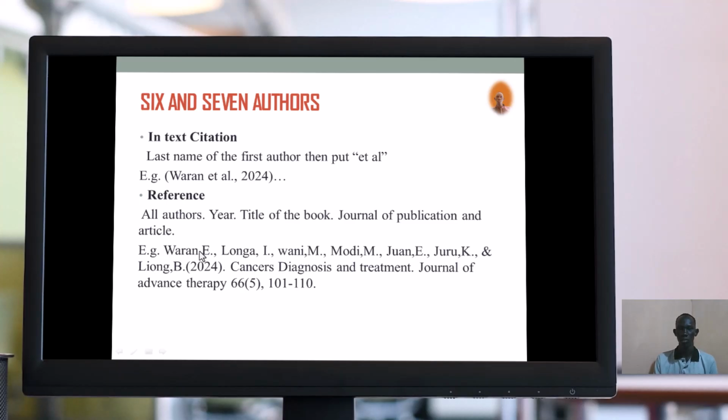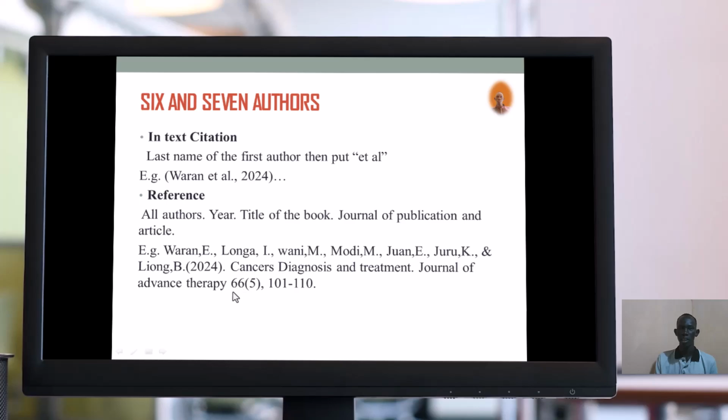Look at the first author, second author, third author, fourth author, fifth, sixth, and then the seventh author, which is here. And then this is the title of the article. We have the journal publication, which is here.